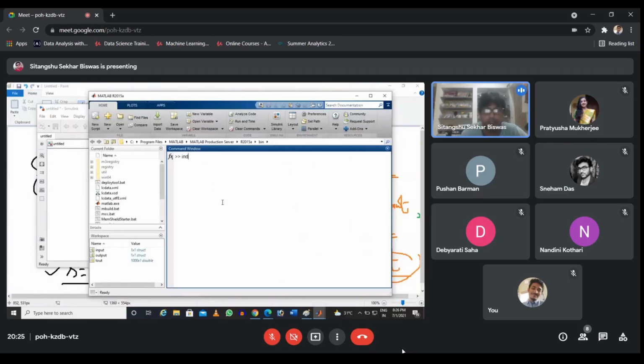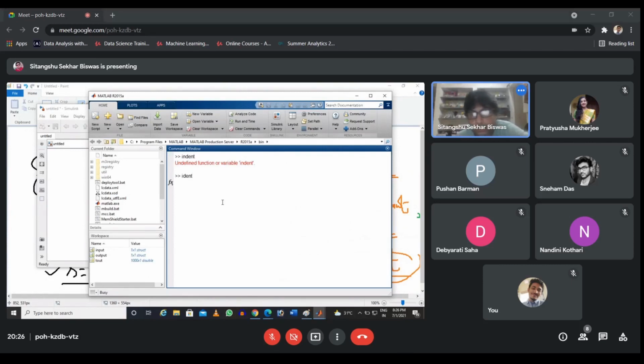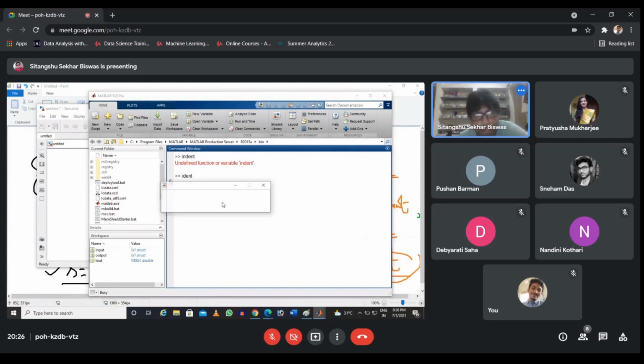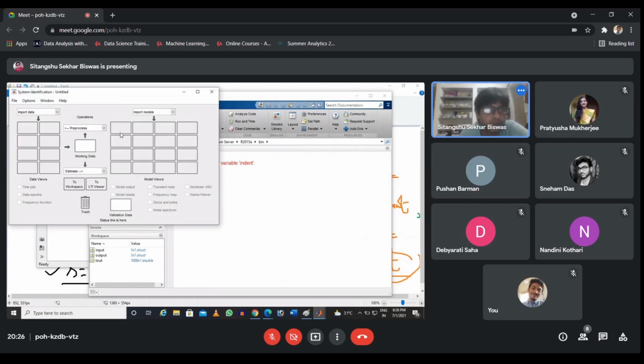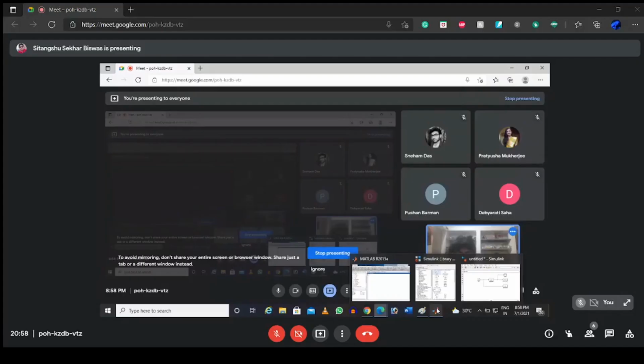For that, one very good tool is there, which is called System Identification. You just type identification. So now I need to import data. It's time domain data, correct?